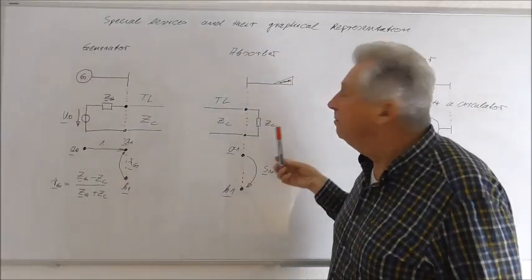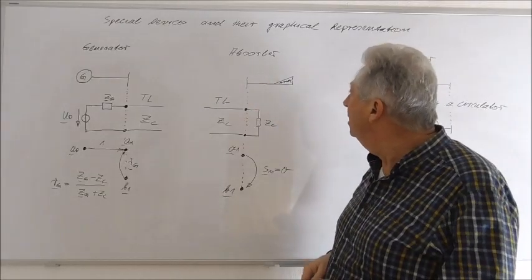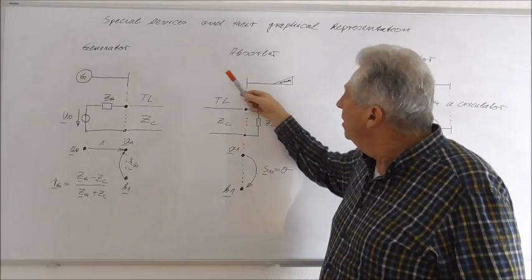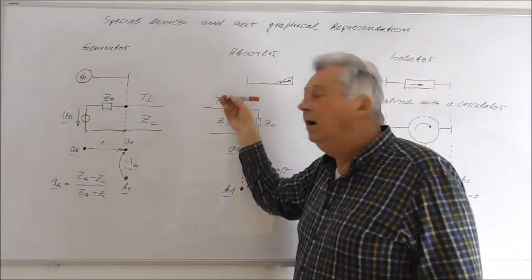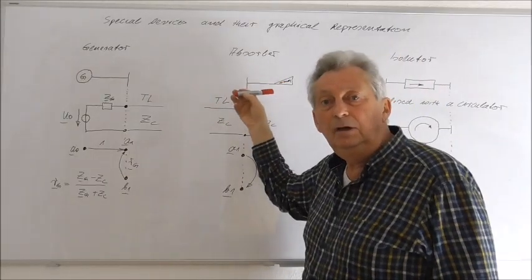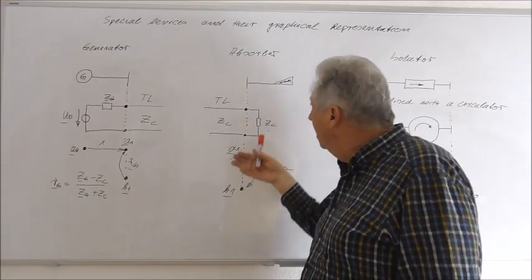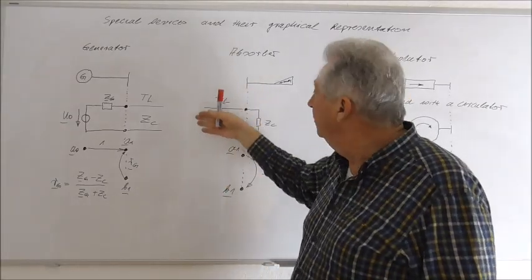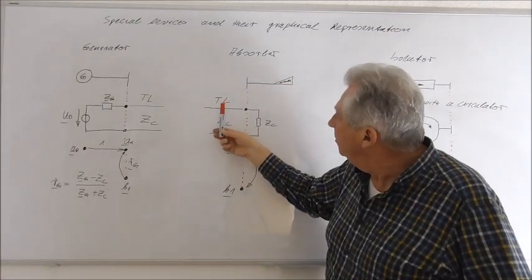And the next very important point, we need a so-called absorber. An absorber is, if a wave enters into an absorber, then the energy of the wave will be converted to heat. And if I have an equivalent circuit for a transmission line, then it behaves like this.